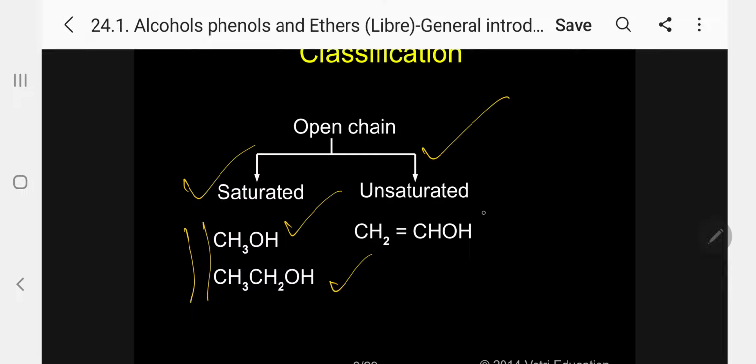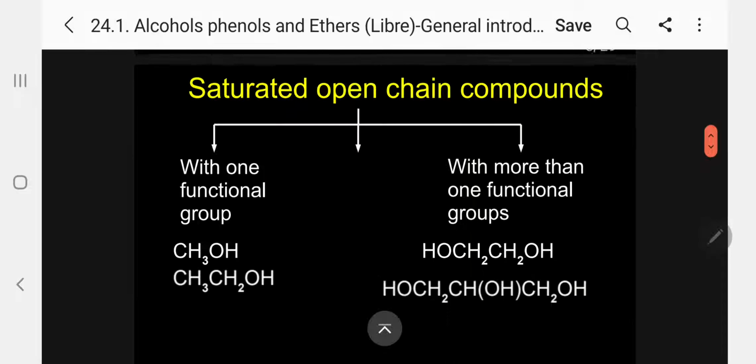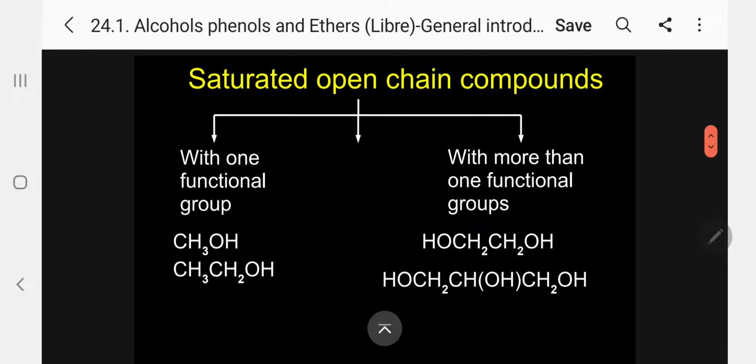Kindly follow. Under the unsaturated, this is called vinyl alcohol. Coming to saturated, some contain only one functional group, and some have more than one functional group.